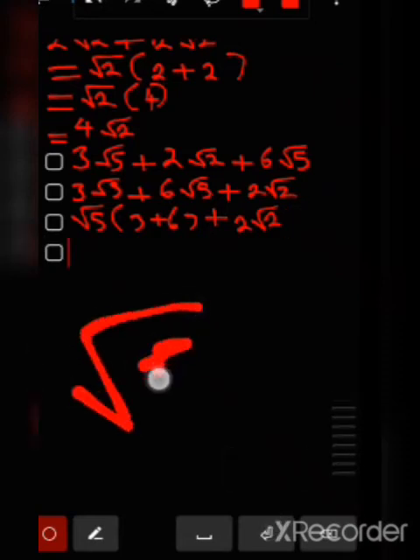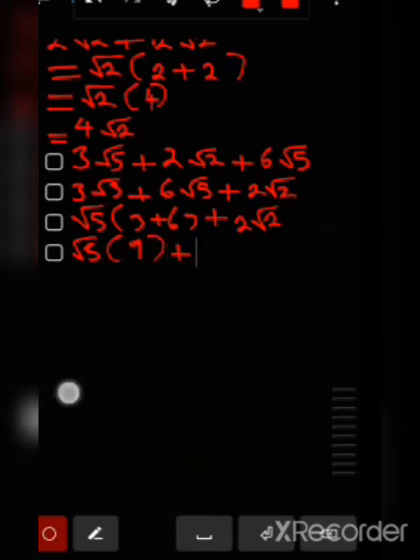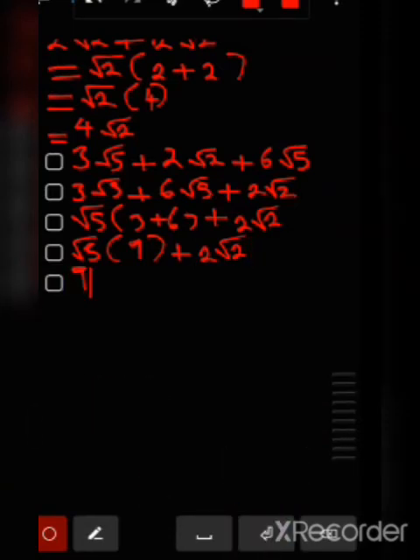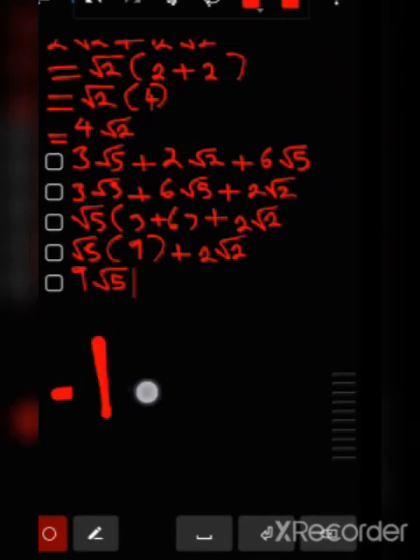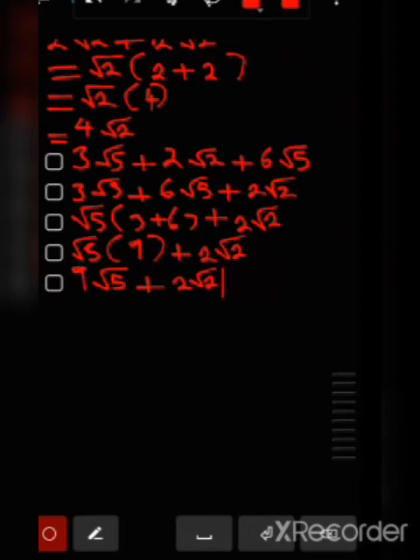When I add what's in the brackets, I'm going to remain with root 5 times 9 inside there, plus 2 root 2. So when I multiply root 5 by 9, I'm going to have 9 root 5 plus 2 root 2. So that's all. If you do this, it means you have gotten the question correct. The answer is actually correct.